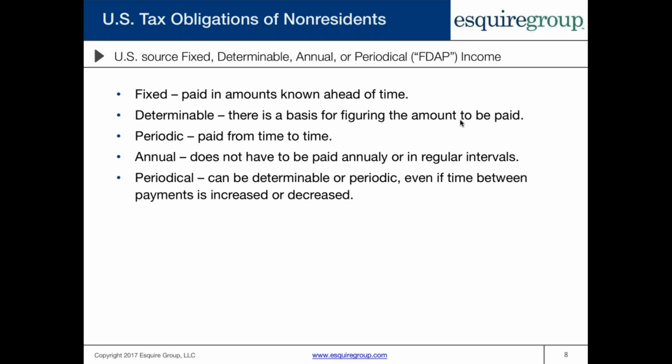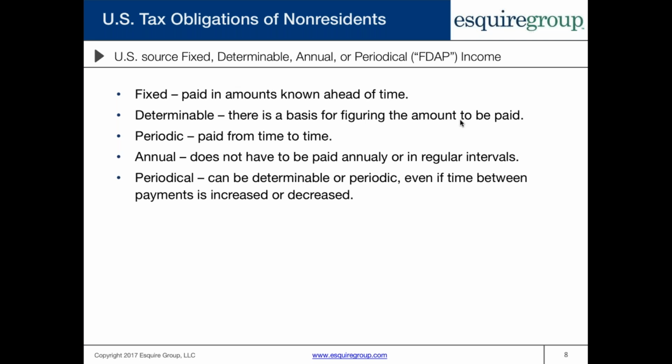That would be something that is fixed because it's a fixed amount of revenue. Determinable is there is a basis for figuring the amount paid. Again, a royalty would be a perfect example, say 10%. Periodic means that it's paid from time to time, maybe monthly, biannually, annually. Annual does not actually have to be paid annually or in regular intervals.